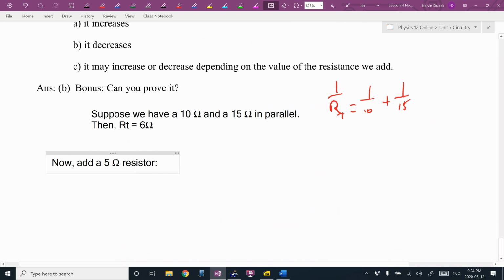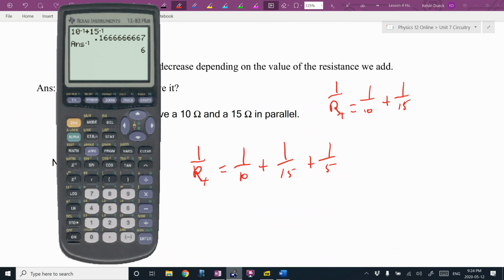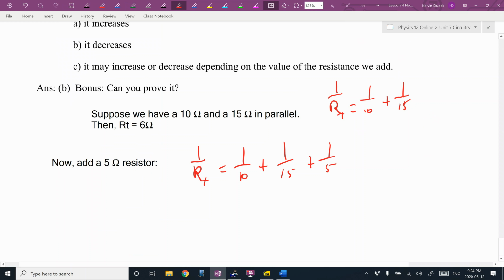Then 1 over R total equals 1 over 10 plus 1 over 15 plus 1 over 5. Ten reciprocal plus 15 reciprocal plus 5 reciprocal, reciprocal. Ooh, 2.73.